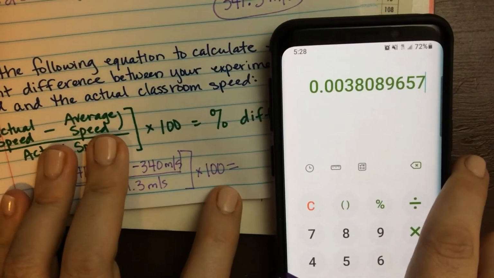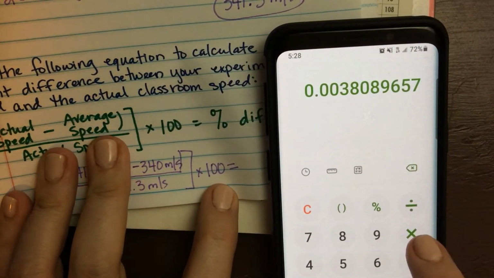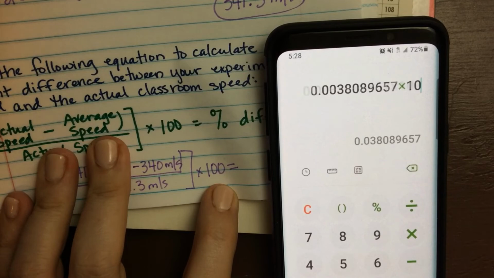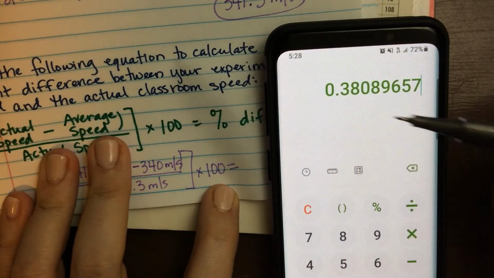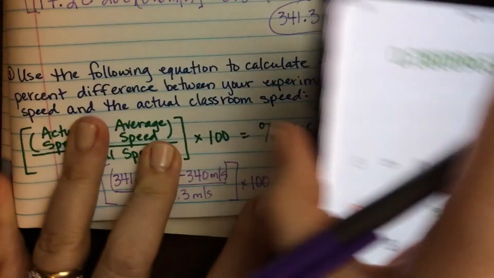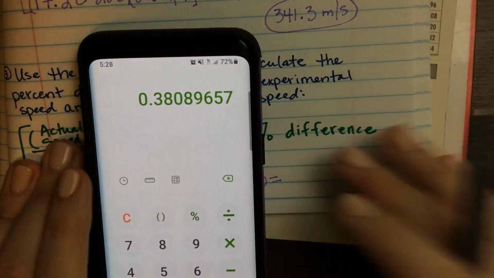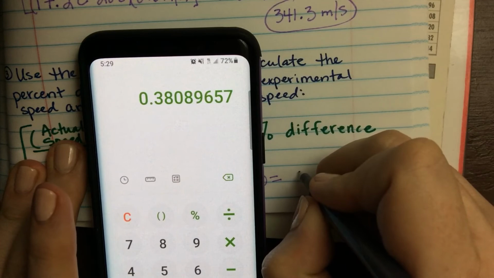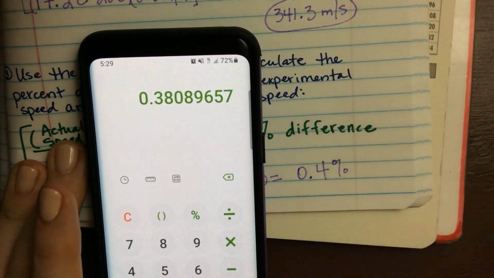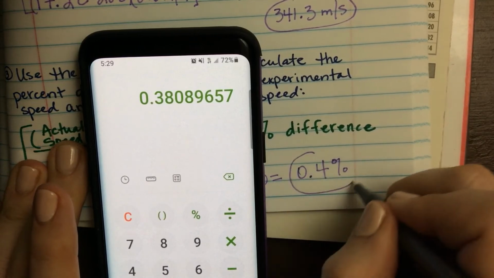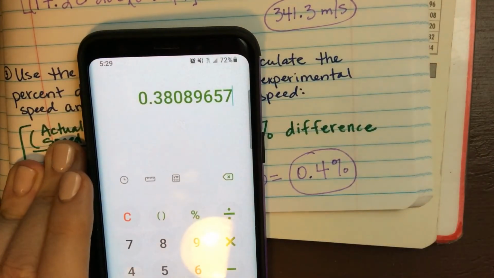And now I want that in a percent, so I'm going to times 100. And this is my percentage. You can round it to the tenths place or the hundredths place, so either 1 or 2 decimal places. I'm going to say 0.4%. Okay, and that is my final answer.